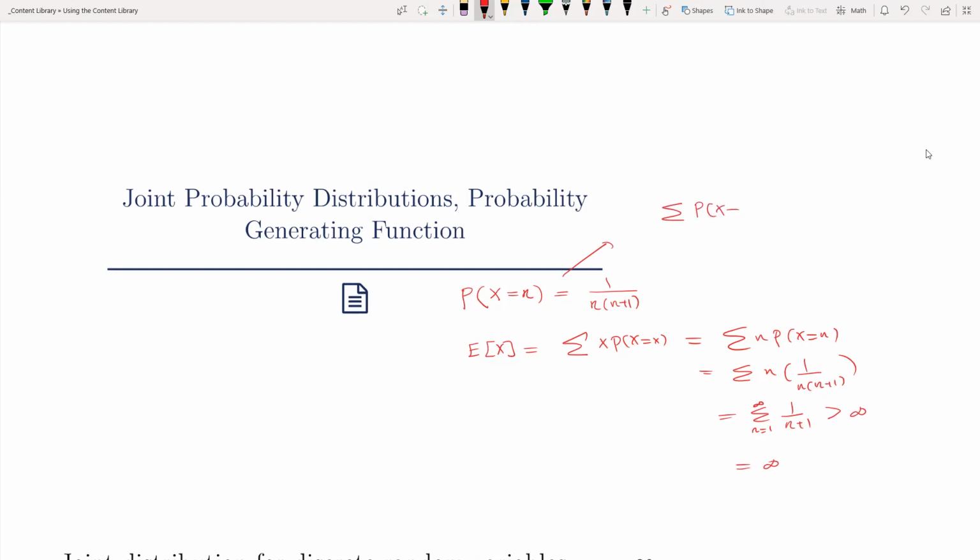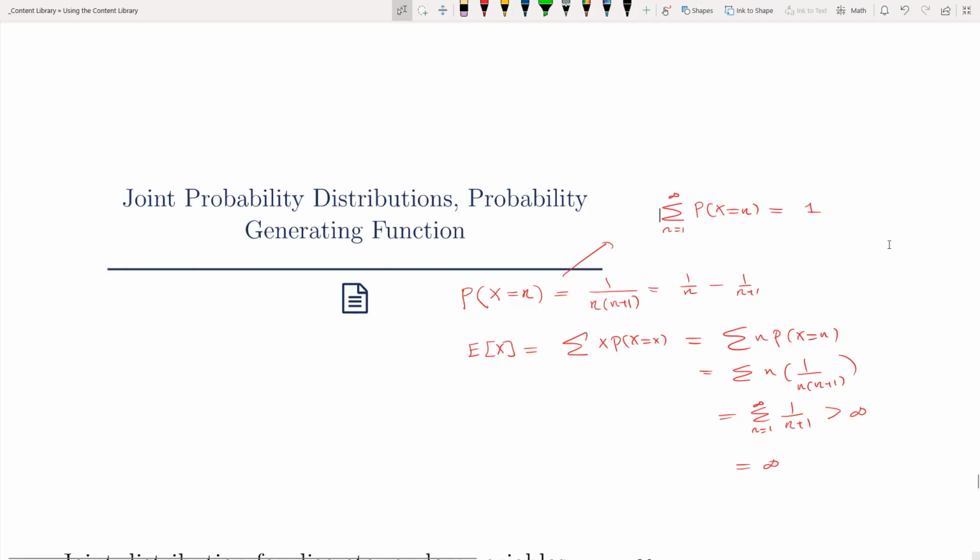So if you add these probabilities, it should be 1. Let's check whether it's right or not. The easier way is to expand this: it's going to be 1 over n minus 1 over (n plus 1). Then when you sum that up, it's going to be 1. It's an infinite series because n goes from 1 to infinity, but you can still show that it's going to be 1.